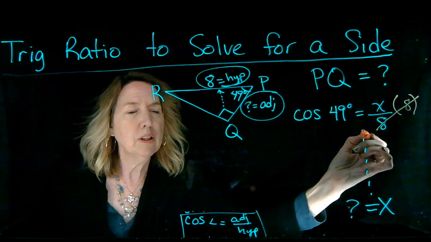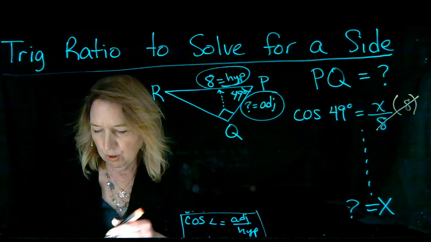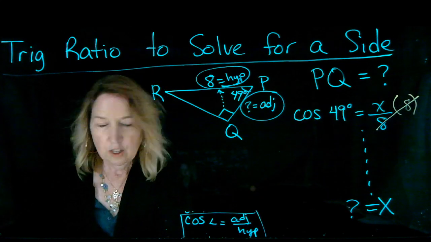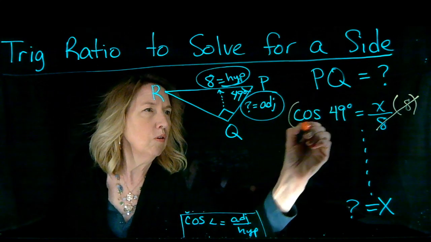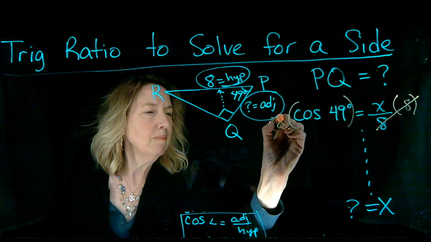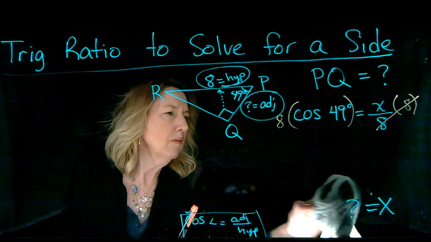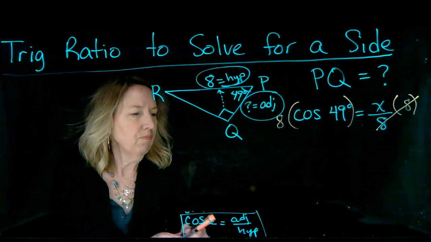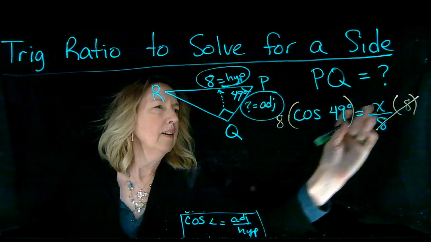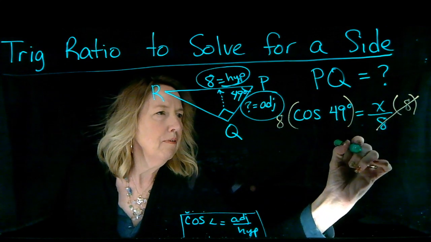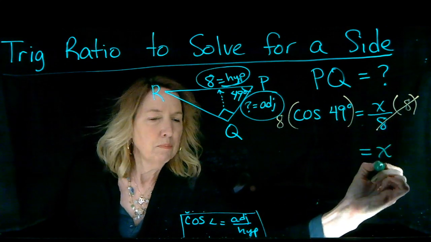And we can only do it if we do it to the other side, because what you do to one side of an equation, you must do to the other. So I'm going to multiply by 8. Let's bring that down and clear out some space. What's the result? The 8's are gone, so I just have the x by itself.